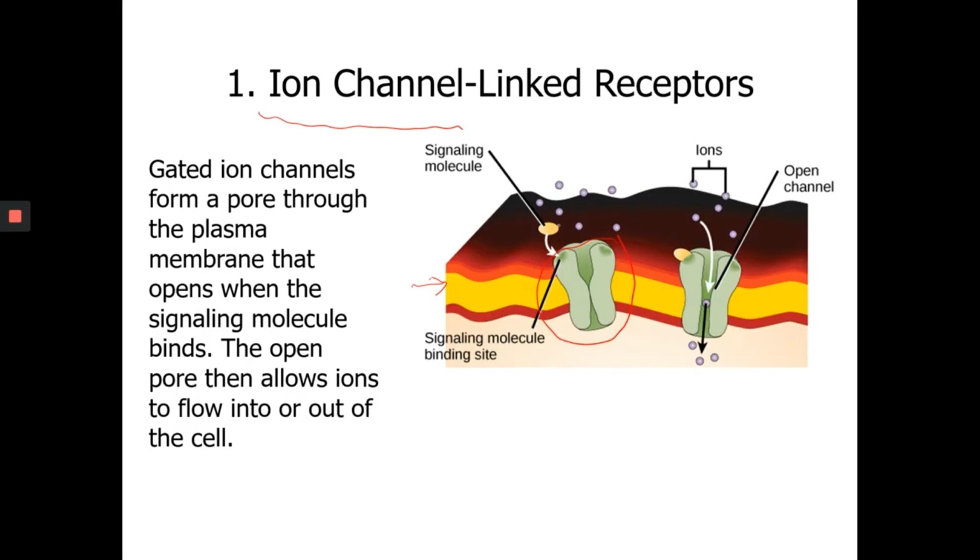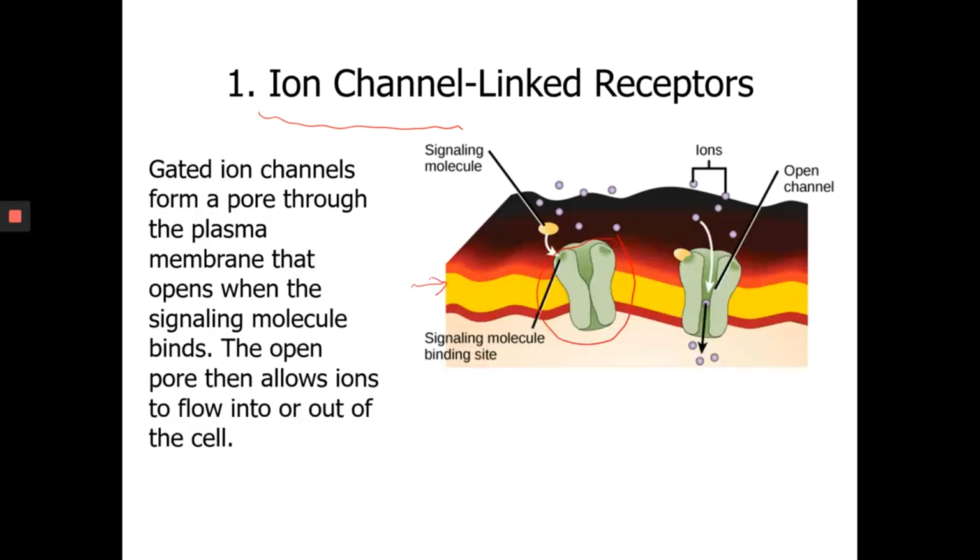The ligand can't pass through the membrane, so it stays in the extracellular space. When it gets to the cell, it binds to this ion channel linked receptor. This causes a conformational change, a structural change in the protein, and that opens the ion channel.